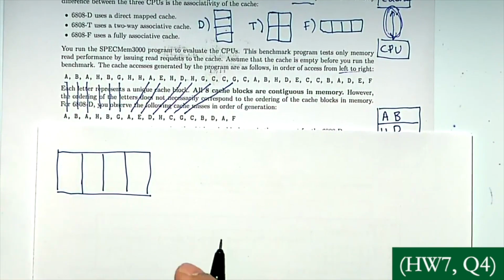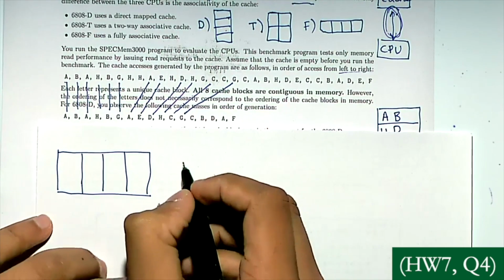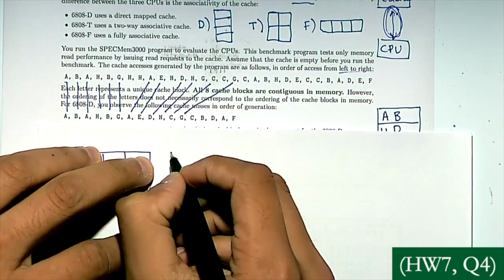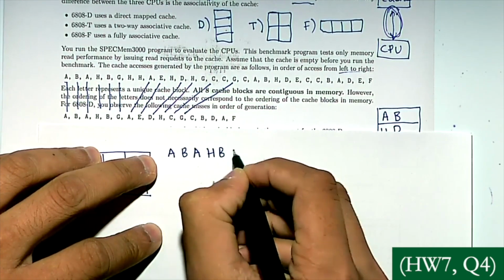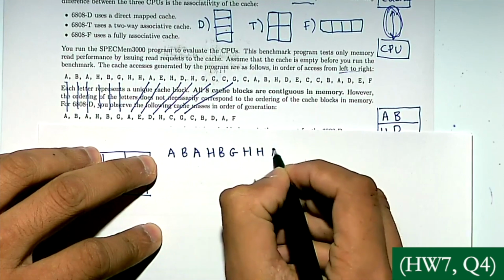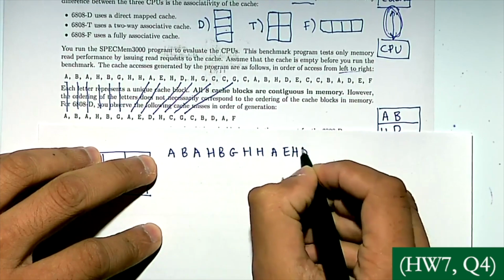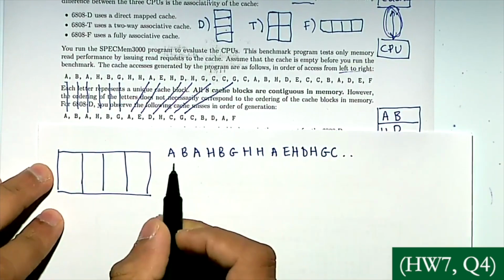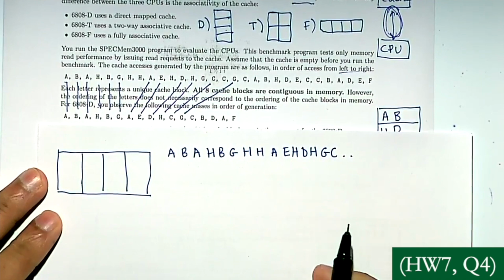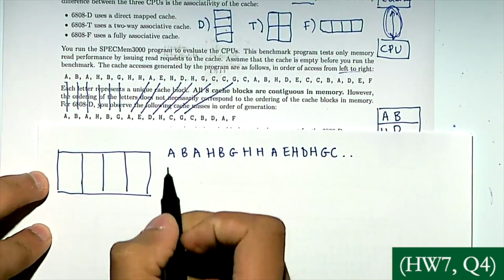We're just going to go through one by one and simulate what's happening in the cache as we go. So I'm just going to transcribe this sequence really quick. Yeah, that's probably enough to get going. So this is the sequence of program accesses, and we can just begin simulating this cache.